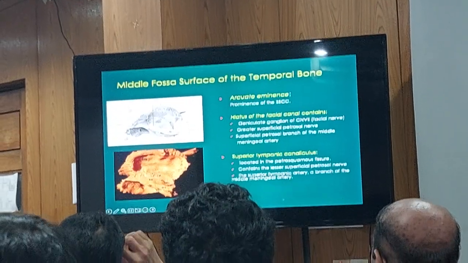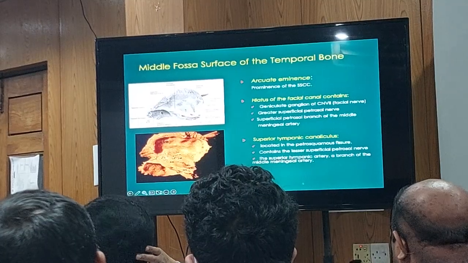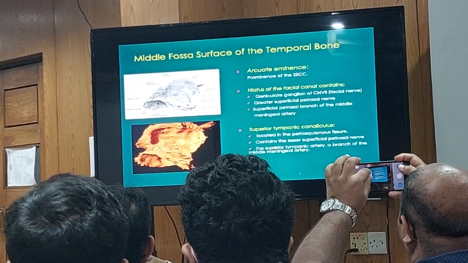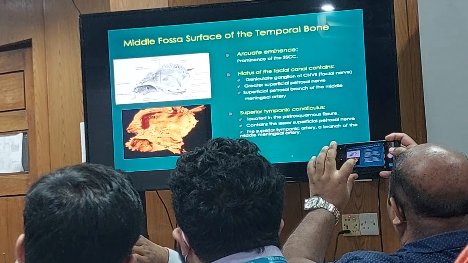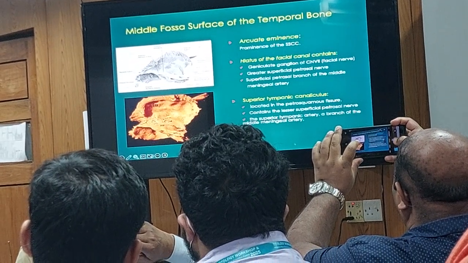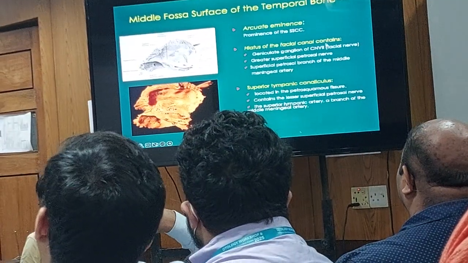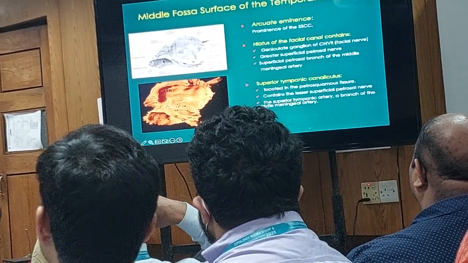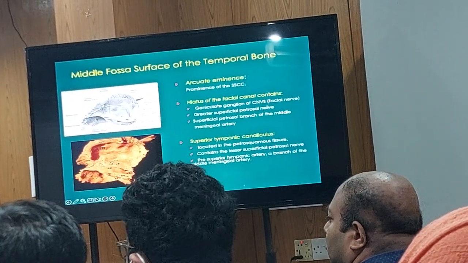And again the middle fossa surface, one of the again very complicated parts, not easily seen, only by dissections and some anatomy can you understand. In the arcuate eminence, you all know there is the prominence of the superior semicircular canal and hiatus of the facial nerve. In this view there are some canals, impressions of some important structures.